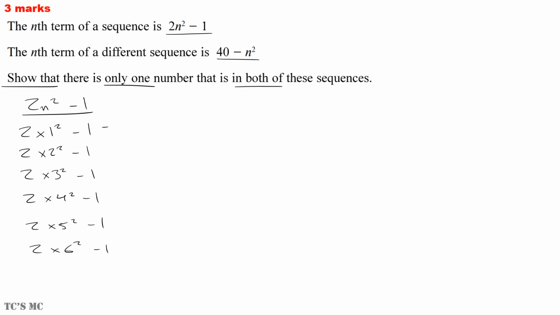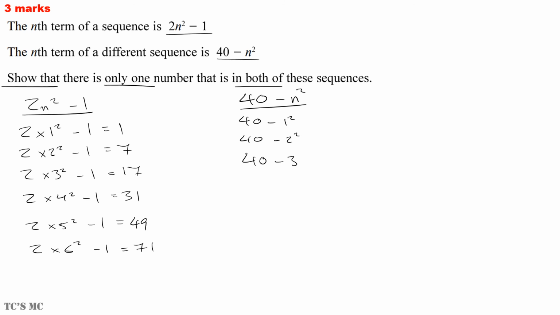I end up with 1, 7, 17, 31, 49, and 71. I now have 1 mark. Moving on to the next sequence, we need to do 40 subtract 1 squared, 40 subtract 2 squared, and again I'm going to keep on going until I have 6 terms.